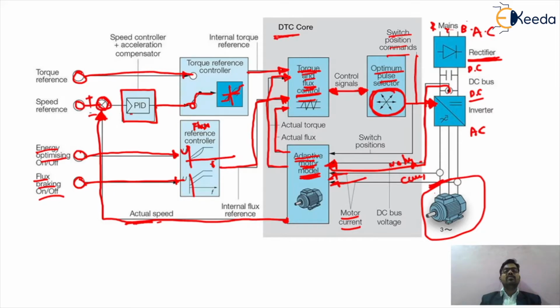In that particular scheme, the very important direct control loop will work in that manner. The very important parameters are the torque and flux control scheme and the optimum pulse selector. While we are selecting the state of the inverter circuit using the optimum pulse selector switch, we can achieve direct torque control of your induction motor.